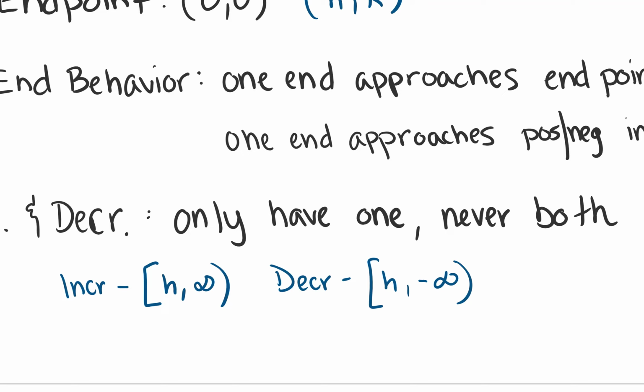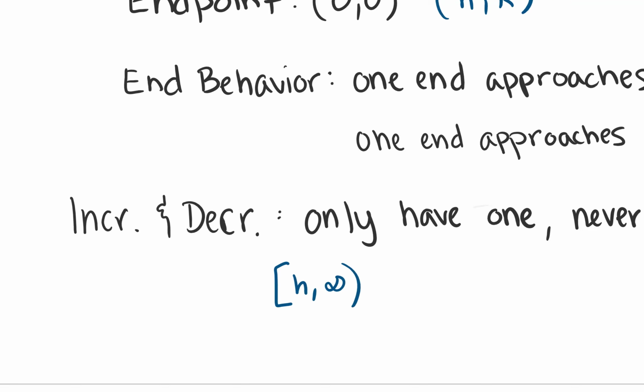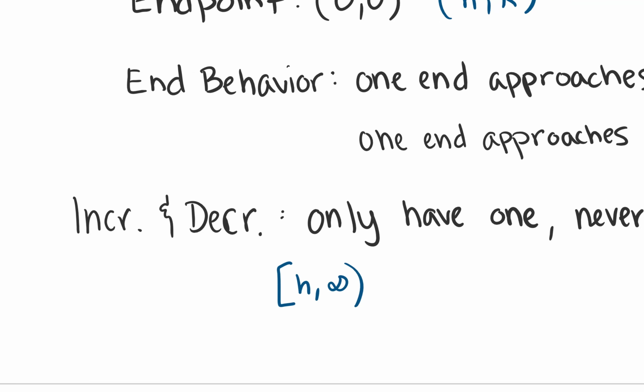Actually no, that is wrong. I'm thinking of y. Never mind. Thinking the wrong thing. So you're going to write, sorry, my apologies. If you need to erase or whatever, that's fine. So no matter what, you're going to write, so 1 equals 1, meaning increasing or decreasing, is h to infinity.